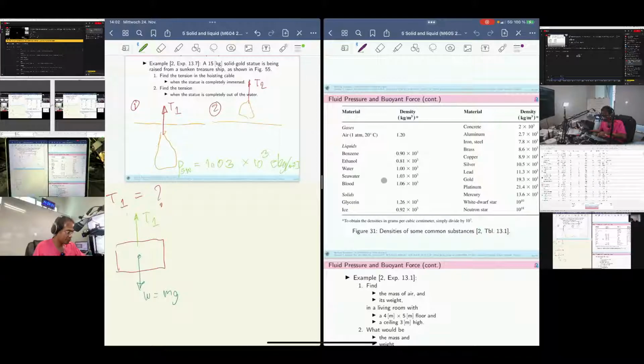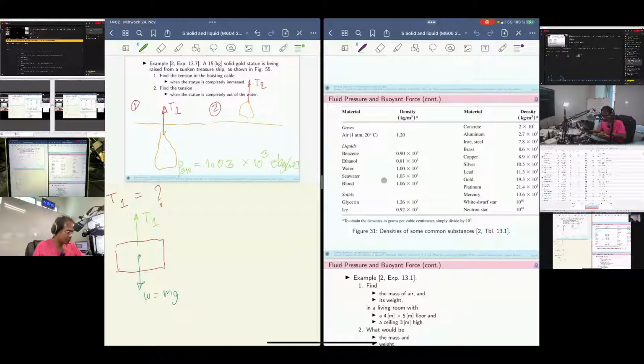Okay, alright, I understand that, but we arrive now at a problem. We don't know the volume of this object, the statue. So any of you who could tell me this?